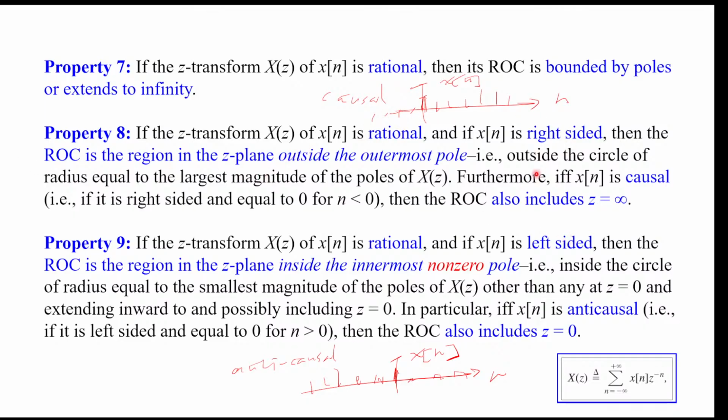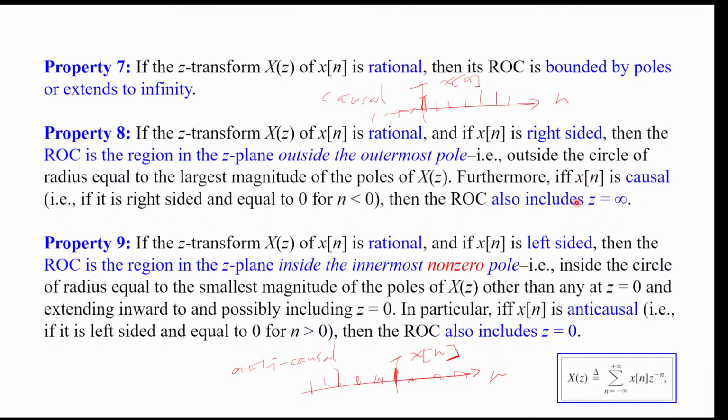From right-sided, your ROC comes from outside, and from rational, your ROC should start from some pole. So if you are both rational and right-sided, then the ROC is outside of the outermost pole. But there is a caveat. You need to be extra careful about z equal to infinity.